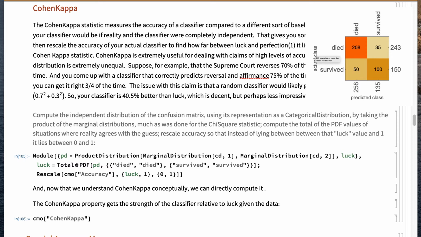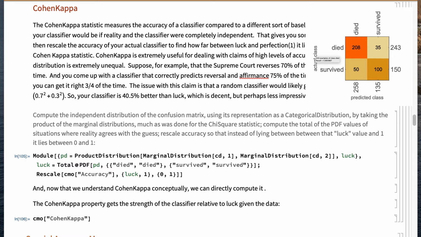So we're rescaling the accuracy. Instead of going from 0 to 1, we're rescaling it to see where in between luck and 1 the classifier falls. So if it falls 40% of the way between luck and 1, your Cohen-Kappa statistic is 0.4.